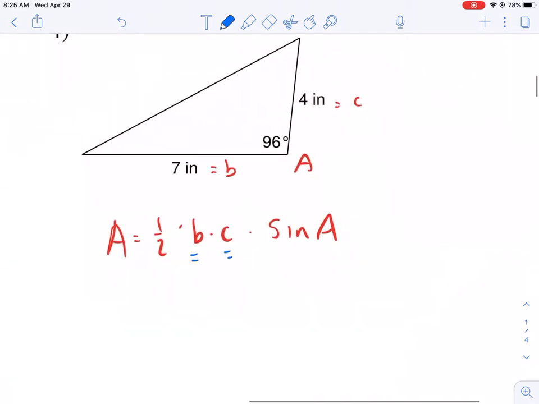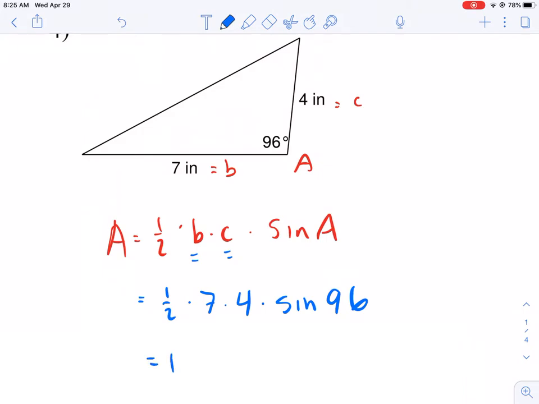That's important. So we're just going to plug in what we know, 1/2 times b, 7, times c, 4, times sine 96. And we can just go straight across, type this all into our calculator if you have a TI-84 or better, times 7 times 4 times sine of 96.